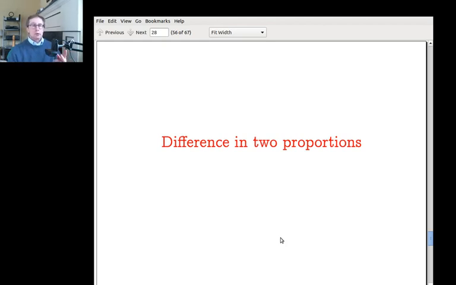Okay, so we have two populations. In the example I was just listing, it was first year students and seniors, might be men and women, might be treatment and control, might be lots of other things. We come up with some difference of proportions. We want to know how much evidence there is that there's a real difference if we did a census instead of a sample.